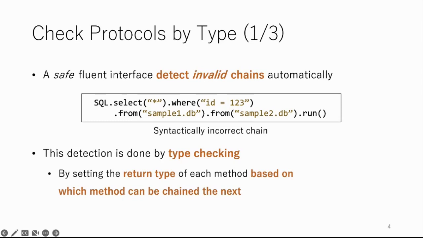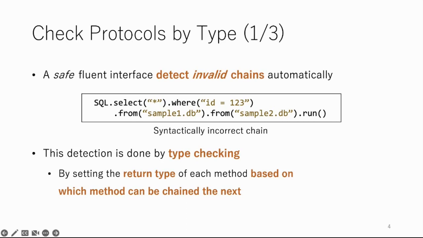And there are also two calls to the from method, which is not allowed in SQL. And we can make a type checker detect such invalid chains by setting each return type of methods based on which method can come next.